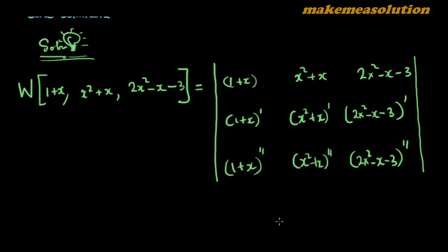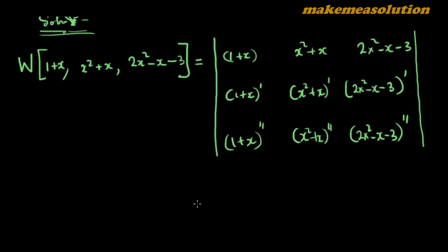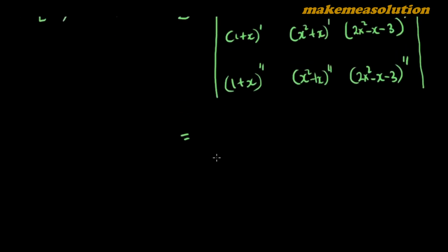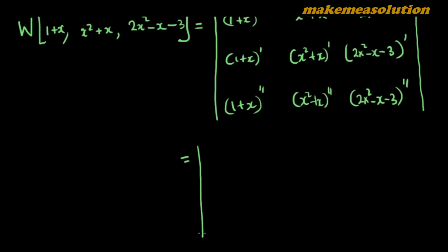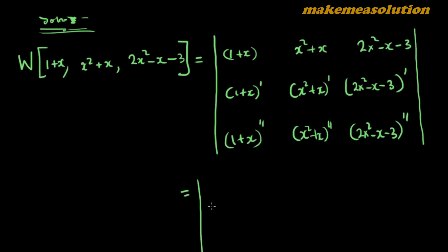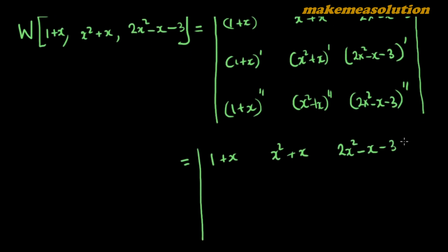So in finding these particular determinants, let's do it together. The first row stays as it is: 1 plus x, x squared plus x, and 2x squared minus x minus 3. Then the first derivative gives you 1.